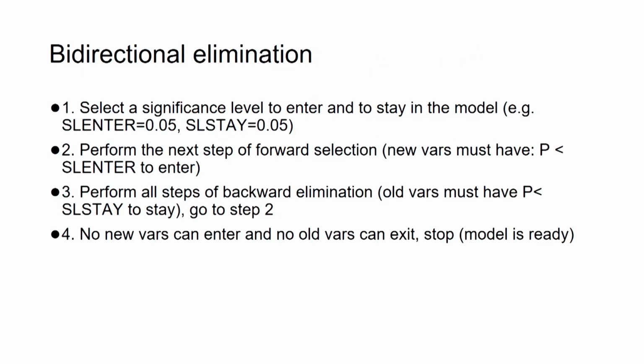So, we have seen in today's class different ways of model building. Using p values, we can use different methods like forward selection, backward selection, or bidirectional elimination.